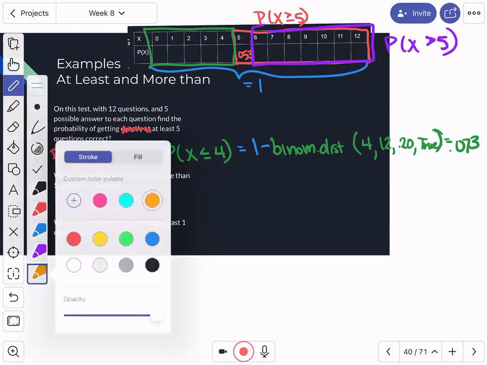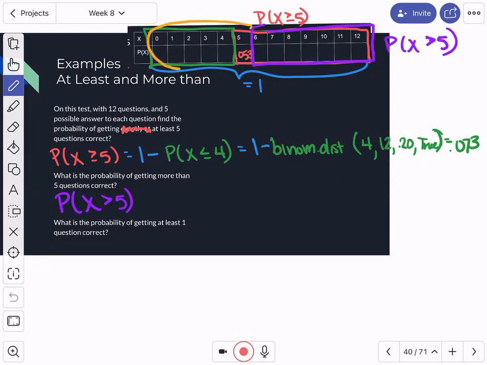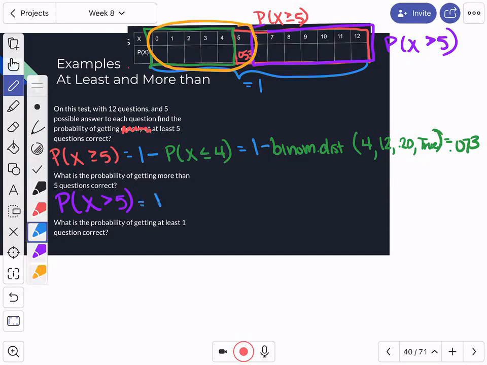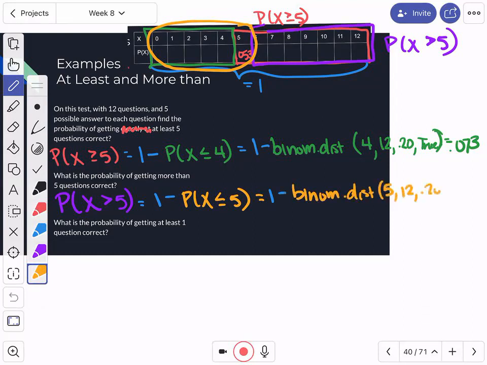Same thing, but you put a 5 back there. Take away this orange part. So it'll be equal to 1 minus the probability that x is less than or equal to 5, which is 1 minus binom.dist, 5, 12, 0.2, true.